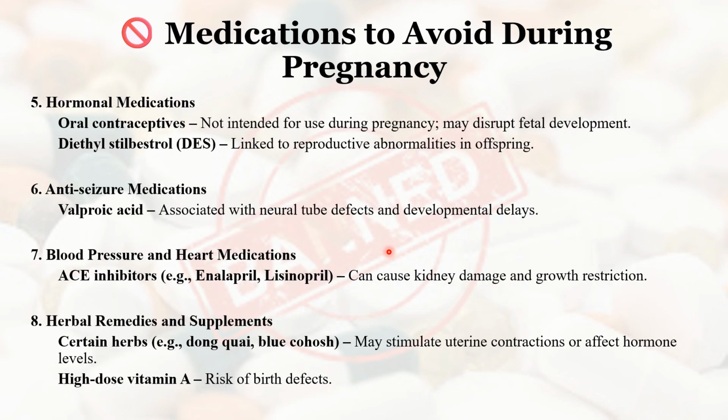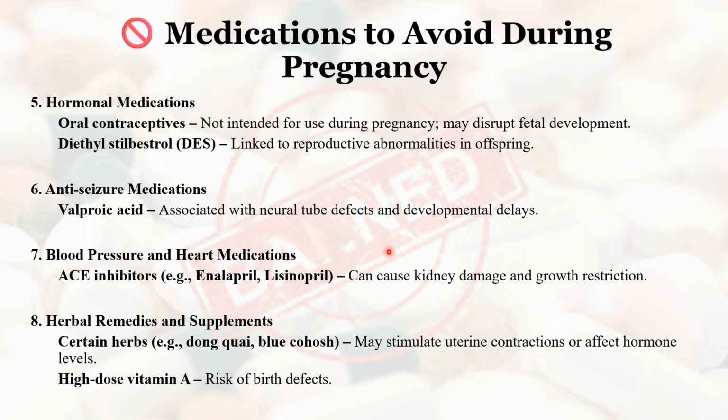Not only these medicines, there is a big list. Hormonal medication, oral contraceptives: some people feel that if they have a sexual relationship during pregnancy, they may get some other issues, so they go for oral contraceptives. All those unwanted things should be avoided, because they cause major problems for the fetus, right?